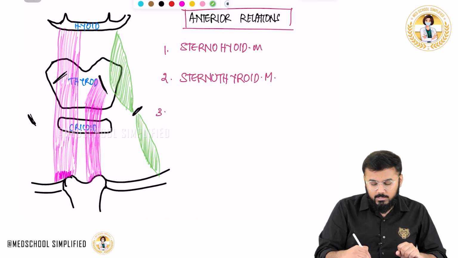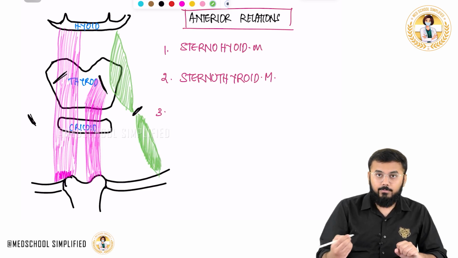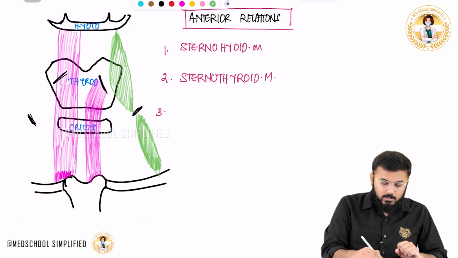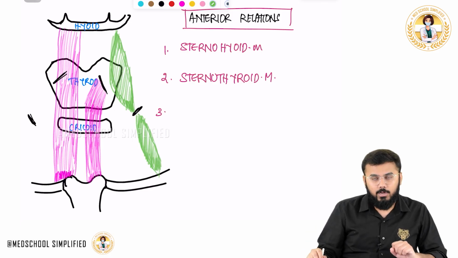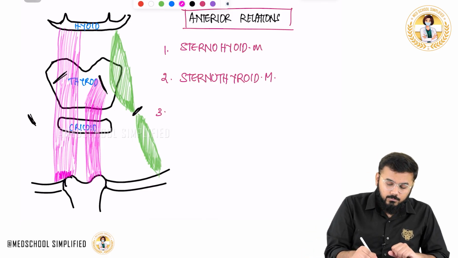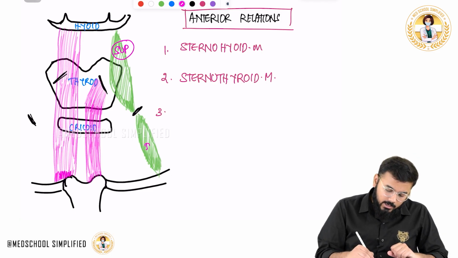The part below the intermediate tendon is called the inferior belly of omohyoid.